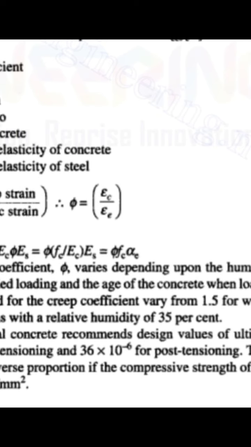In the British codes for structural concrete, the recommended design value of the ultimate creep strain is 48 into 10 to the power of minus 6 for pre-tensioning, and 36 into 10 to the power of minus 6 for post-tensioning. These values increase in varying proportions for concrete strengths lower than 40 Newton per mm square. Okay, so this is about the loss due to the creep of the concrete.